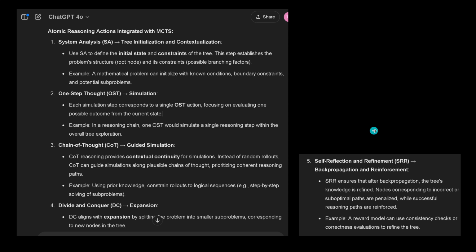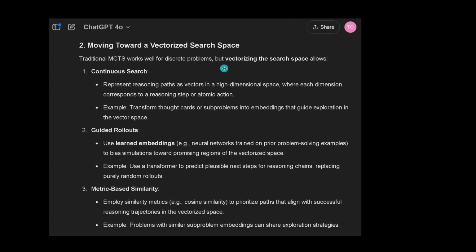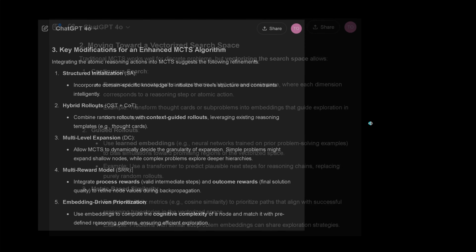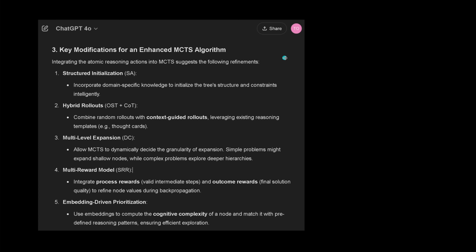If you want to have a look at this, beautiful, but just the overall picture, normally we have here Monte Carlo tree search if we have more or less discrete problems, but if we vectorize here the search space, we could have a continuous search, we can have some guided rollouts, and then we have, as you know, there's some beautiful metrics that allow us here to find the close by or nearby neighbors here for particular topics. Cosine similarity is one of the tools we can use.